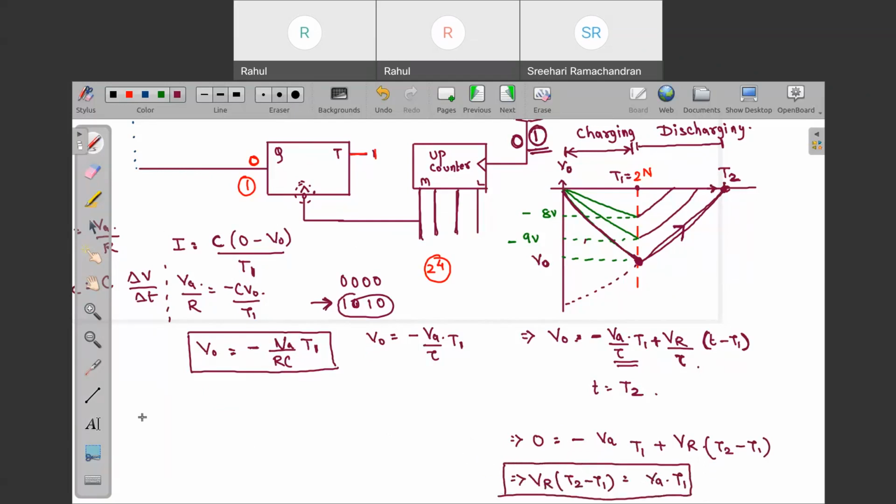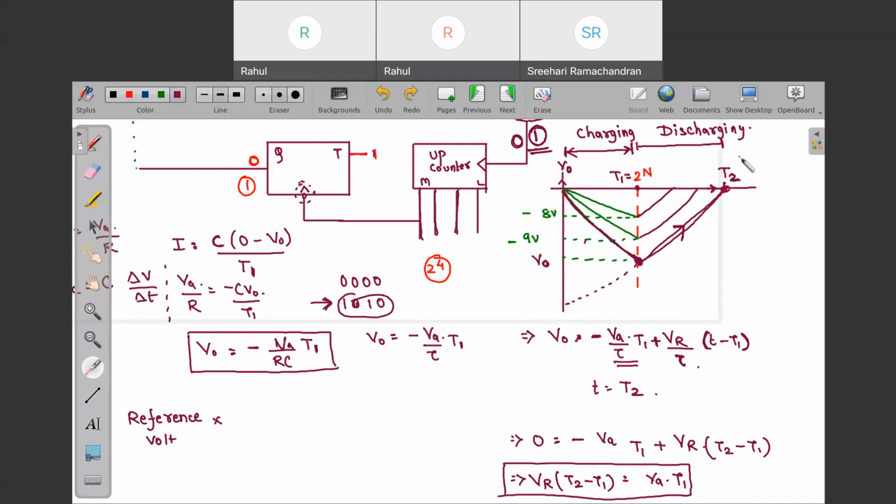So Vr is what? Reference voltage. So this will be given in the question, into t2 minus t1. See, this whole time is t2. So let me draw it over here. This whole time is t2 and this is t1. So t2 minus t1, look what I have written.